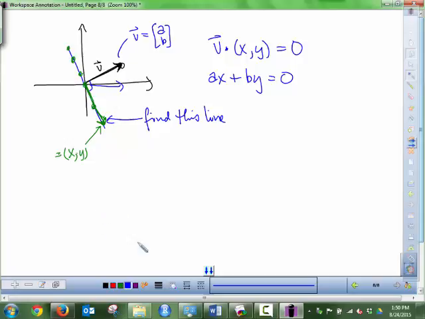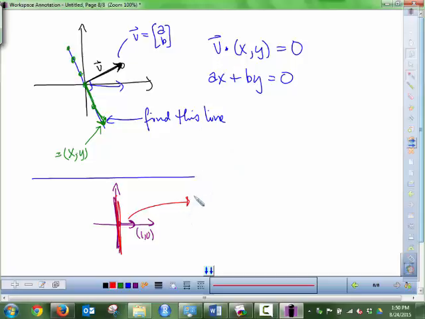Well, let's do an example like that. So what if v was (1, 0)? And I want to find the equation of this line, which is perpendicular to that, but it's also a vertical line. So I think we might have some problems, or I don't know if this will be a problem. Let's see.